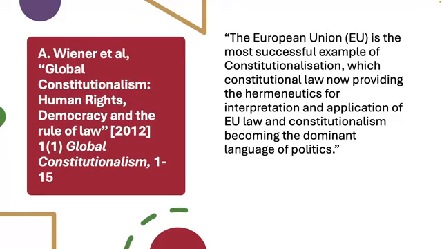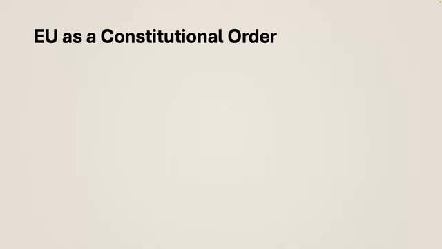Of course, the term micro-constitutionalization or micro-constitutionalism emphasizes that this is not a full state constitution, but a regime with quasi-constitutional features. So to what extent does the European Union have quasi-constitutional features? How can we view the European Union as a constitutional order?